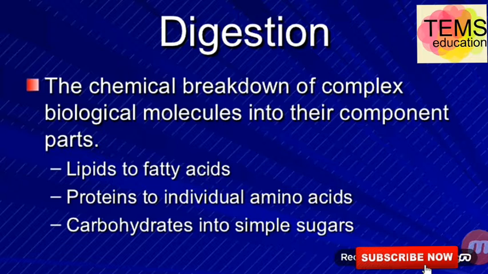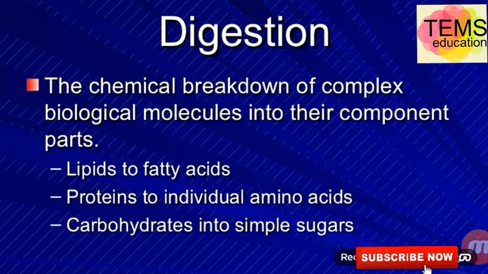Food moves through your gastrointestinal tract by a process called peristalsis. The large hollow organs of your gastrointestinal tract contain a layer of muscles that enables their walls to move.